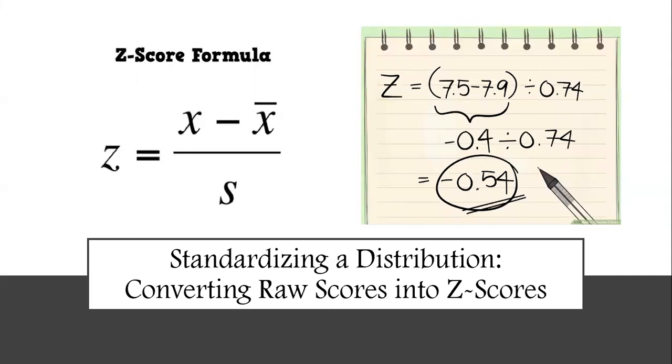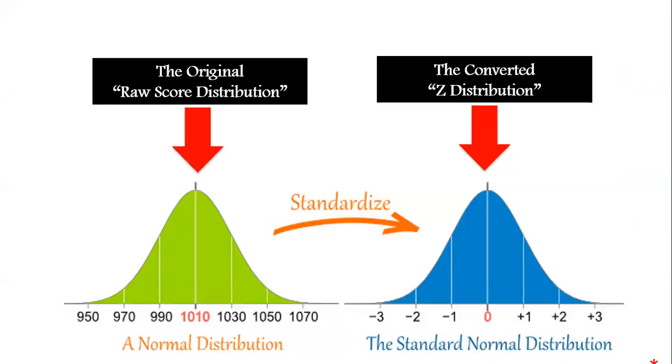Now let's discuss in greater detail the concept of standardizing a distribution, which involves converting raw scores into z-scores. In the last video lecture, we discussed the fact that the normal distribution is based on the original raw scores that make up the distribution of a variable.